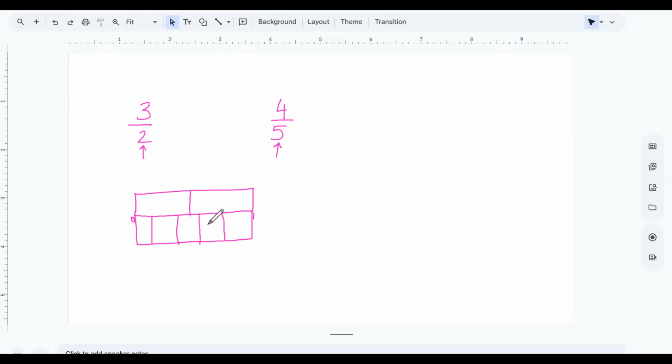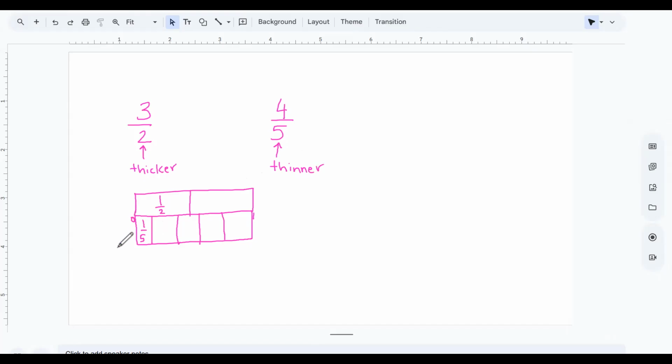Just from the model, you can see that a half is thicker and wider than a fifth, right? This is a thicker amount, and this is a thinner amount, right?